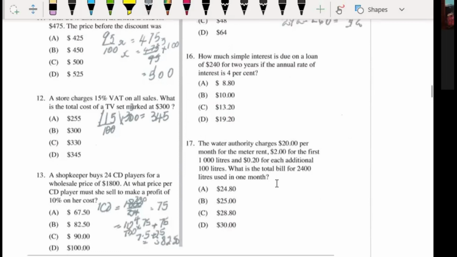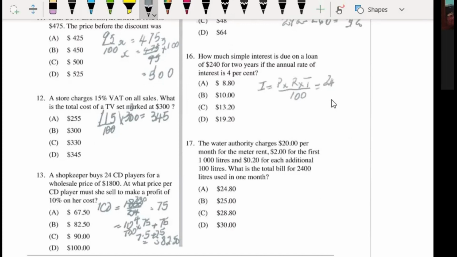All right, how much interest is due on a loan of $240 for 2 years at the annual rate of interest of 4%? Well, the rule says I is equal to principal times rate times time over 100. The principal is 240.